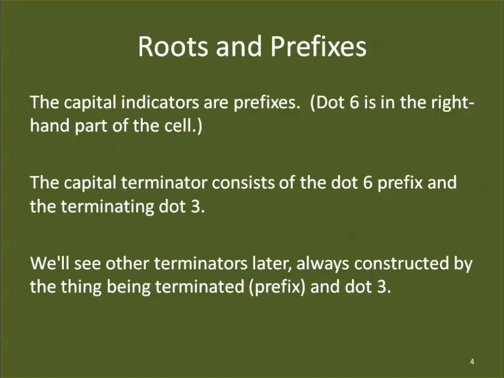The capital terminator consists of the dot 6 prefix and then the terminating dot 3. We'll see other terminators later, and they are always constructed by the thing being terminated, which is the prefix, and then a dot 3. So this configuration, dot 6, dot 3, only terminates capitals mode. It does not terminate anything else. In the old code, that was our termination symbol for everything. But in UEB, it's very specific. It only terminates the capital mode that we're in.